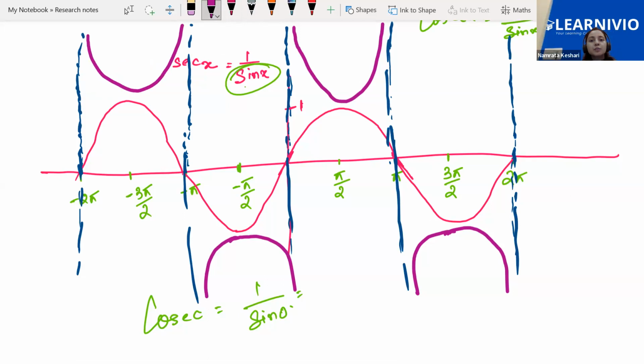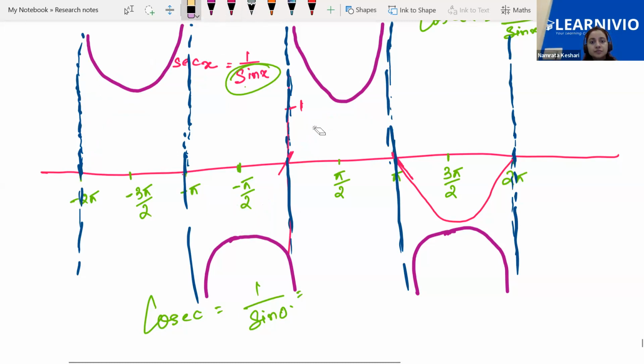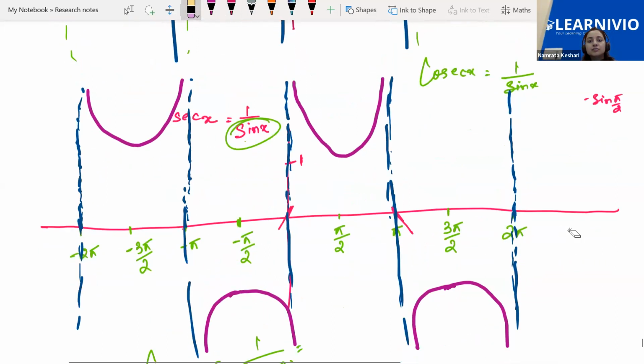Now I am going to wipe the sine. Okay. Can you see the graph of cosec? Yes, ma'am. This is the graph of the cosec function.